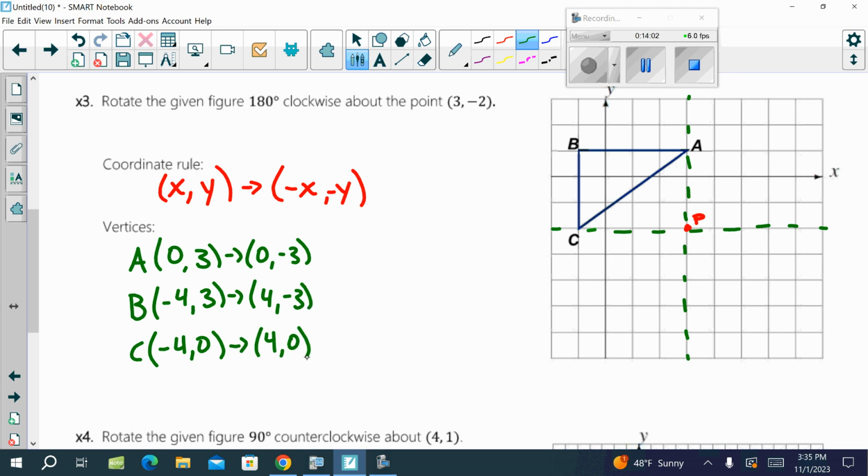Then you plot those points on the new origin P. So 0, -3, 4, -3, and 4, 0. So, if we did this right, that's what your picture should have looked like with the patty paper, correct?